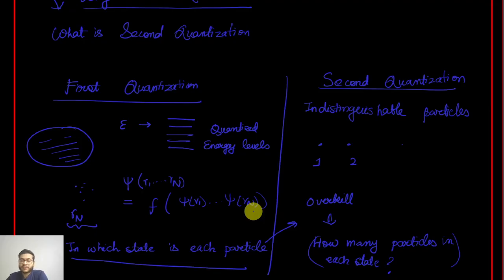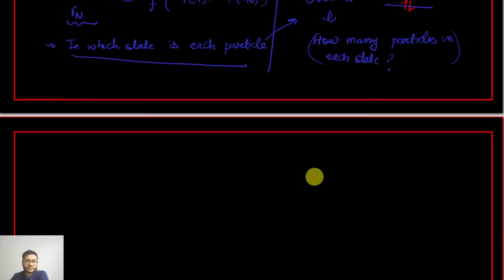Basically, let's say we have discretized energy. The only way the system can differ is by the number of particles in these energy levels. So, for example, there are four energy levels. A very simple example of the difference between first and second quantization is as follows.